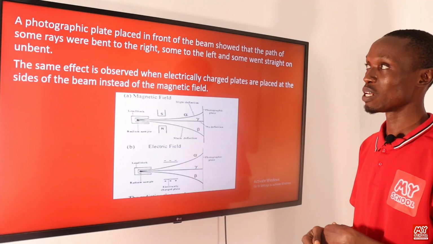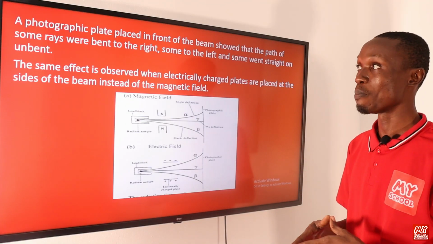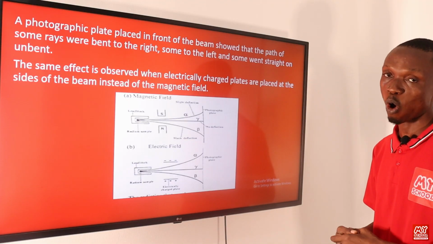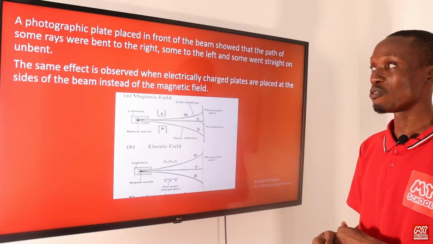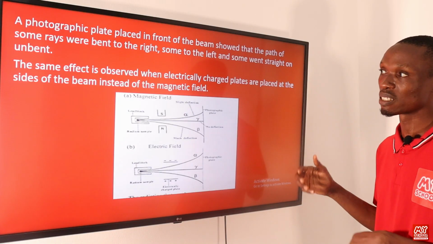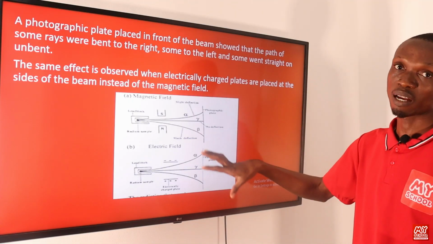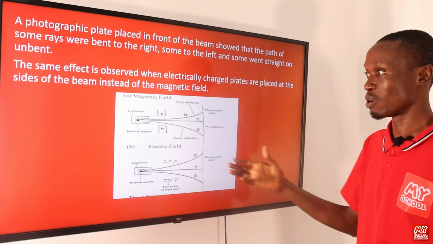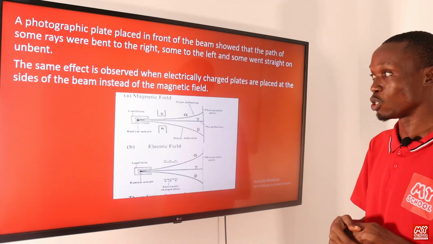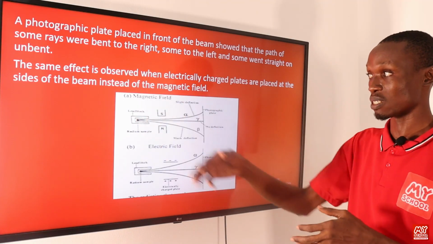A photographic plate placed in front of the beam showed that the path of some rays were bent to the right, some to the left, and some went straight on, unbent. The same effect is observed when electrically charged plates are placed at the sides of the beam instead of the magnetic field. So this is the diagram representing that experiment. This is the lead block with the little hole in the middle, and this is the radioactive material that was placed inside the hole.